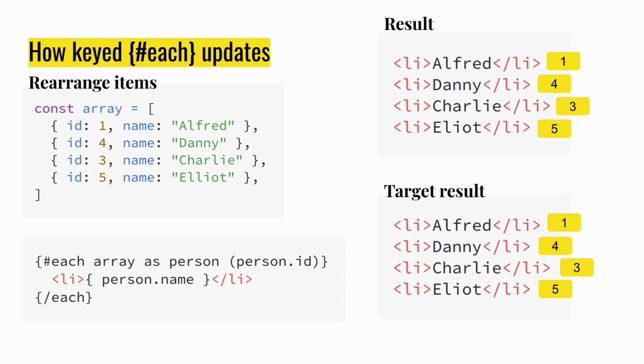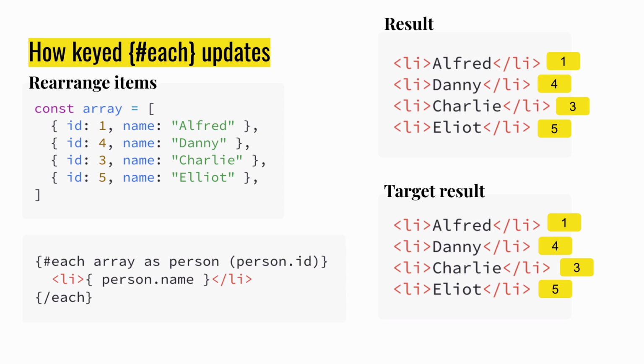Right, so we have seen 3 different kinds of operations: adding, removing, and rearranging items, and we have compared that with how the update operations are done for each block. We see that there's a lot of updates if you don't have a key, and we see that if we have a key each block, the update operations will be slightly more so-called optimized.